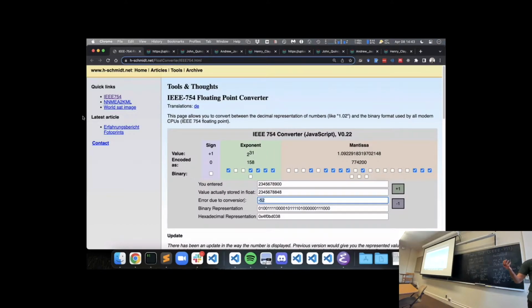I can't do any better than that with these 32 bits. And as I go farther and farther away from 0, in either the positive or negative direction, the error gets bigger and bigger. So I add another couple zeros, and I can get within about 3,000 of the actual number.